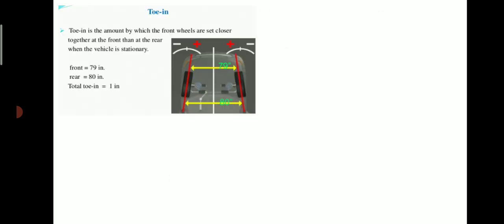What is toe in? Toe in is the amount by which the front wheels are set closer together at the front than at the rear when the vehicle is stationary. If front is 79 inch and rear is 80 inch, the total toe in is 1 inch.